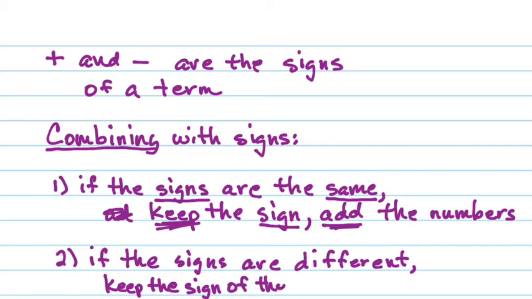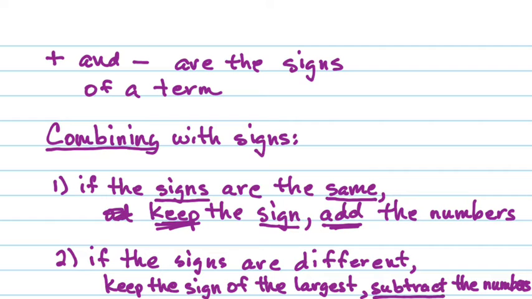Of the largest. All right, so you just look at your numbers, and the bigger number is going to tell the smaller one what to do. Imagine that. So you'll keep the sign of the largest and subtract the numbers. Sorry, I'm getting smaller there, but I'm running out of room. So keep the sign of the largest and subtract the numbers.